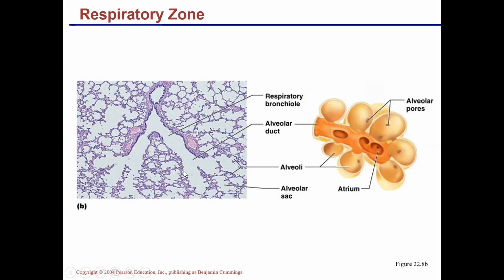Once you get to the alveolar duct, it's all simple squamous epithelial lining. So the lining goes from thick to thin, but there's no clear cut. We cannot say exactly at what point this transition takes place. It's just gradually the lining changes.